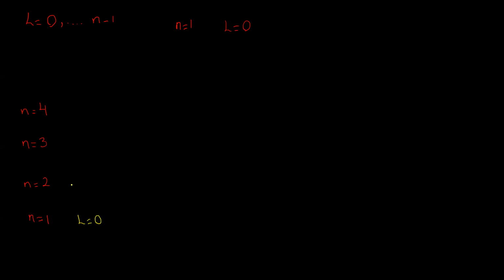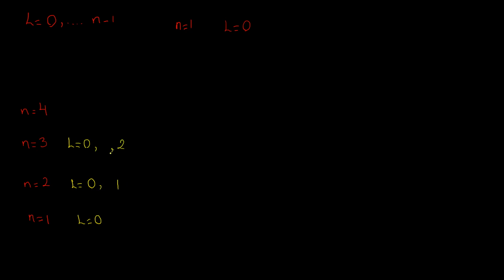For n equal 2, the L that we have is 0, and then n minus 1 is 1. And we don't have any number in between. For n equals 3, L equals 0, and n minus 1 is 2.